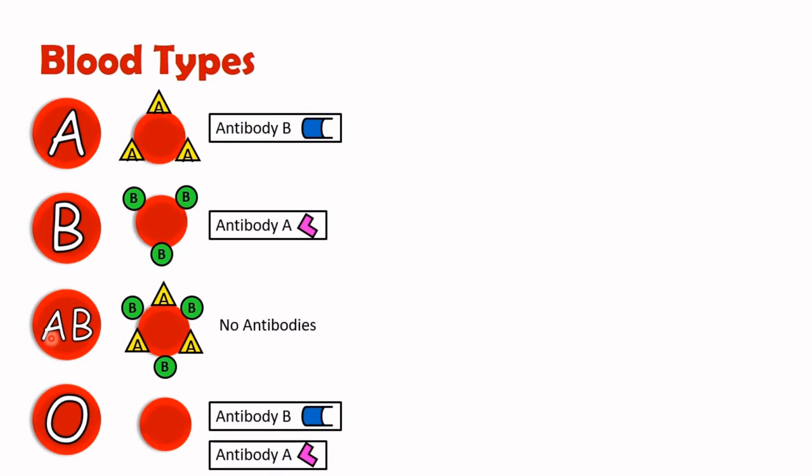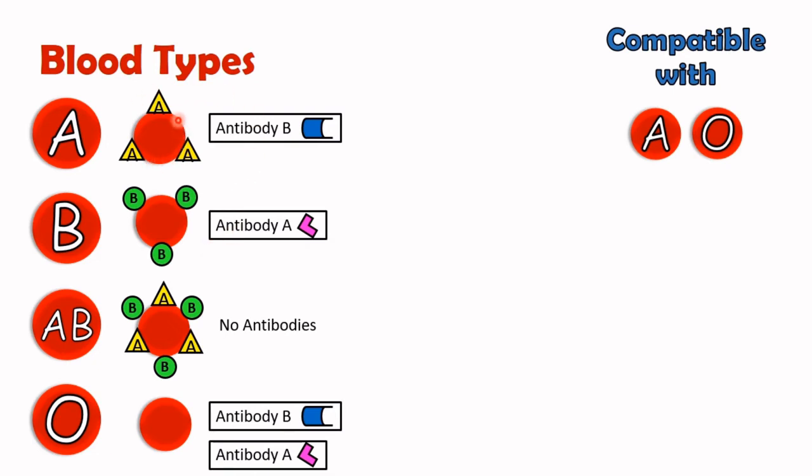So we are going to look at which blood types are compatible with the other blood types. For the blood type that has the antigen A, of course it will have the antibody B, right? Because the antigen A and the antibody B must be opposite.